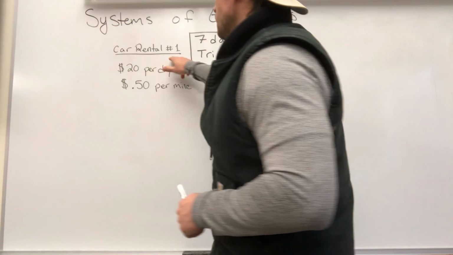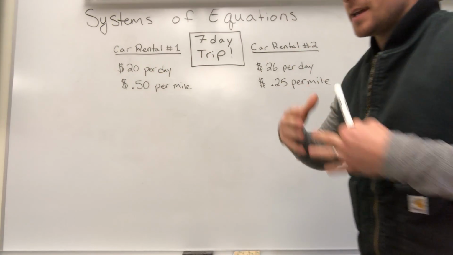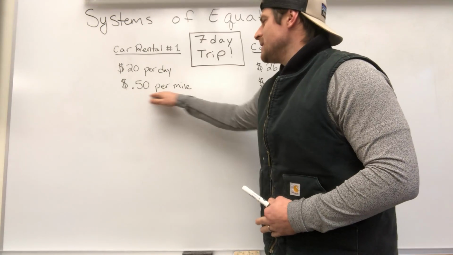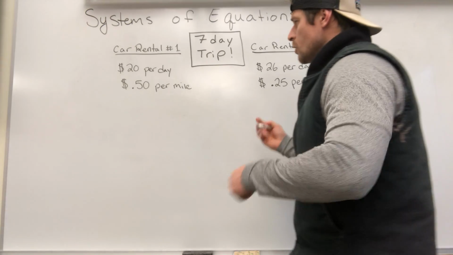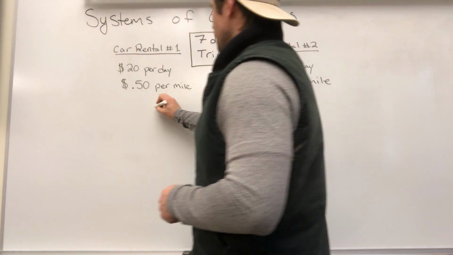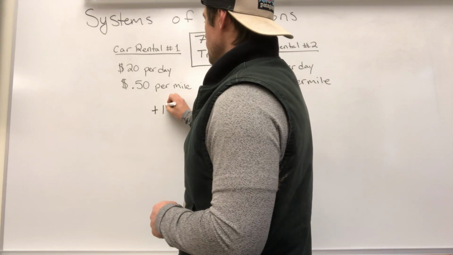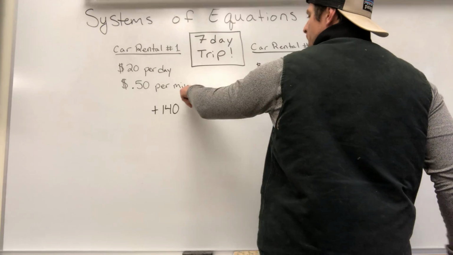7-day trip, car rental number one, $20 per day. They're gonna charge you $20 a day to have that vehicle with 50 cents per mile that you put on the vehicle while you have it. If I'm going for 7 days, 7 days times 20, that's gonna be a fixed cost of 140 bucks. 50 cents per mile.